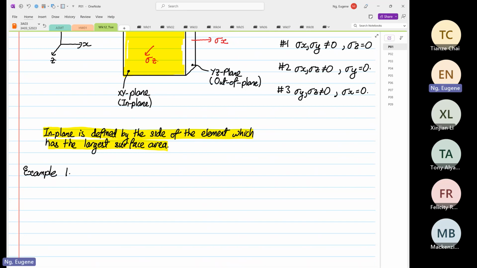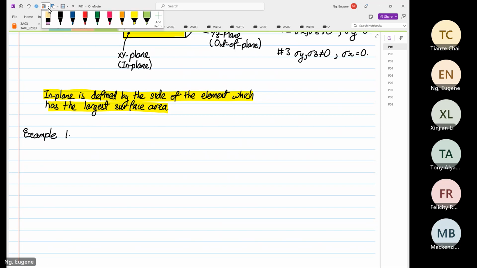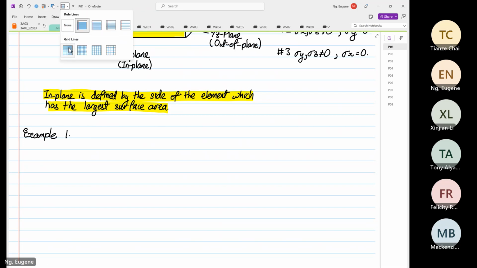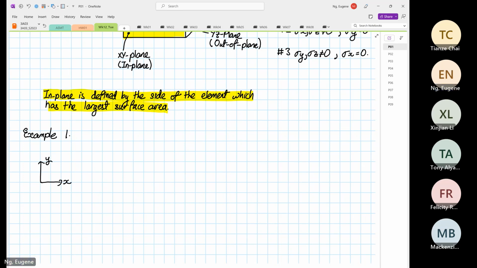For this example, we have a transformation. Again, this is going to be 2D first. This will be your X, and this will be your Y, and then we will draw our element.